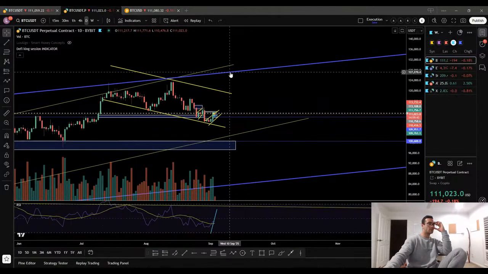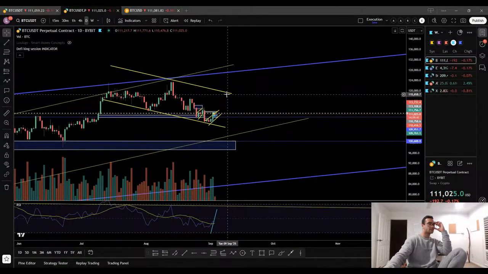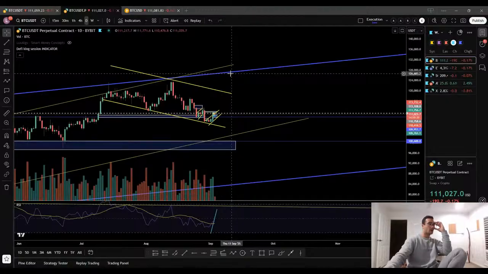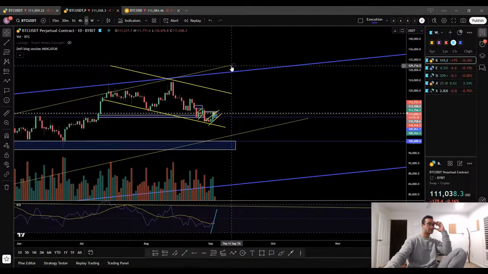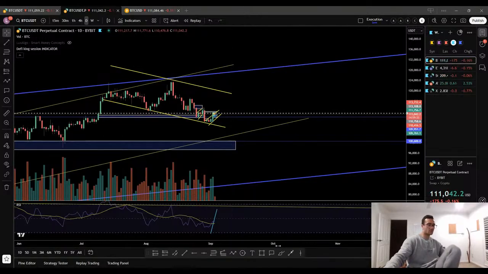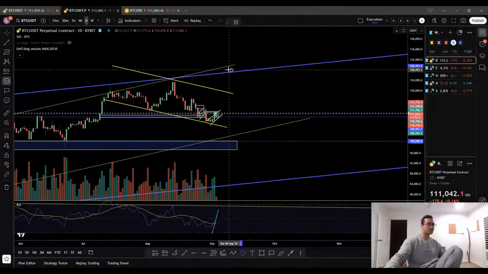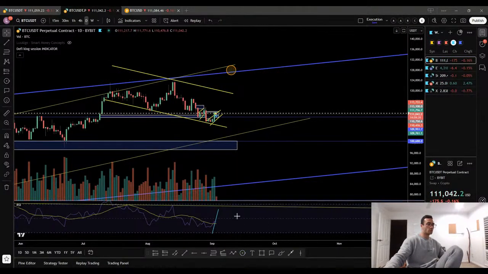Now, we could be forming the next equal high, which does give us that 130 mark. Boom. And boom.